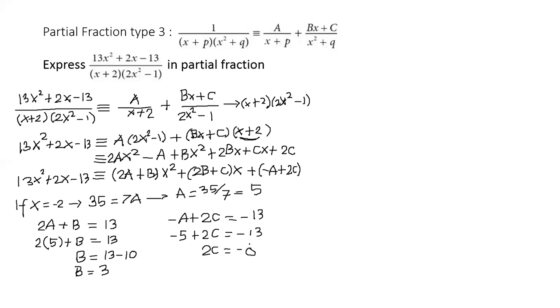So c equals negative 8 over 2, negative 4. A equals 5, B equals 3, and C equals negative 4.